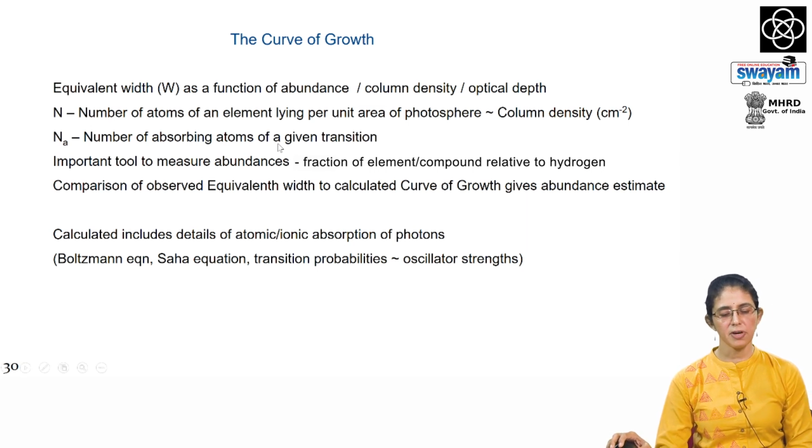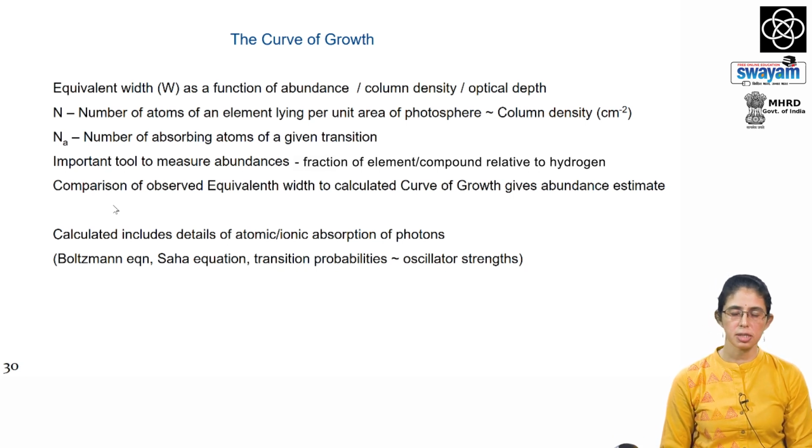If n is the number of atoms of an element lying per unit area of the photosphere, that is the column density, and we consider Na number of absorbing atoms in a given transition, then to measure the abundances for a given spectral line, one can measure the abundances Na, which can be related to n. This is carried out by a comparison of the observed equivalent width with the calculated curve of growth.